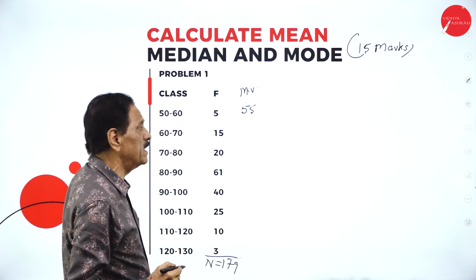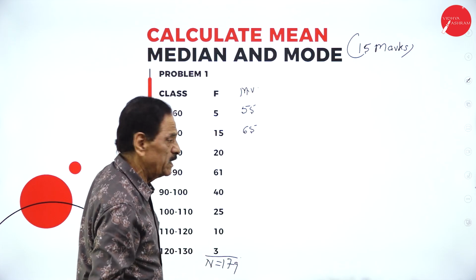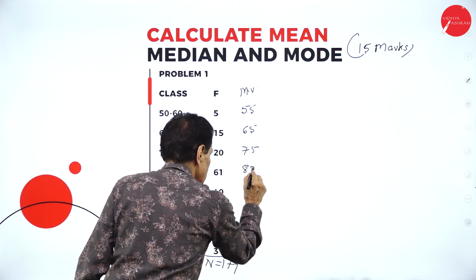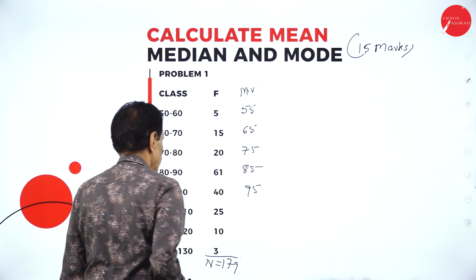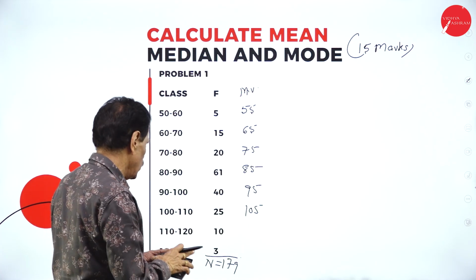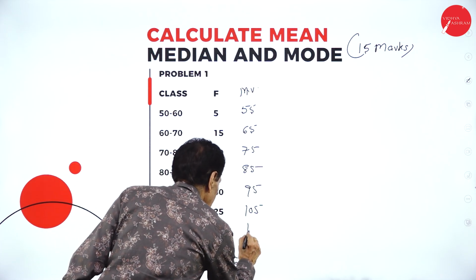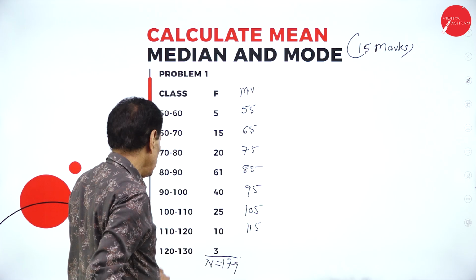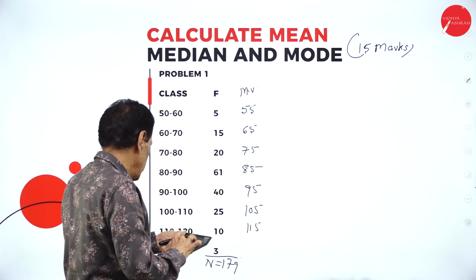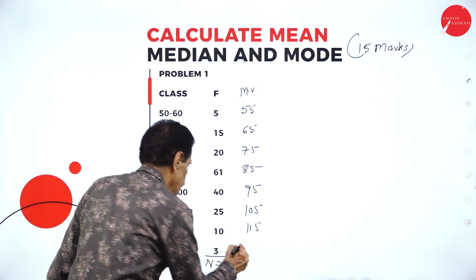This 60 plus 70, 130, divided by 2 is 65. So there is a difference of 10. 65, 75, 85, 95, 105, 115, 125.